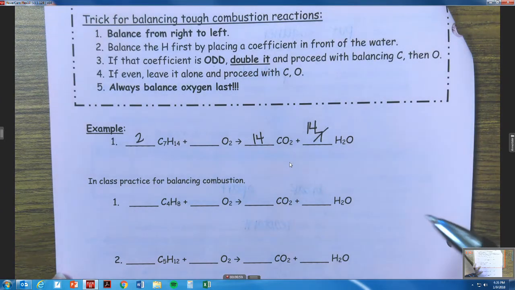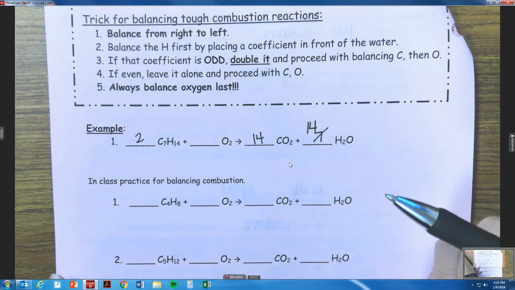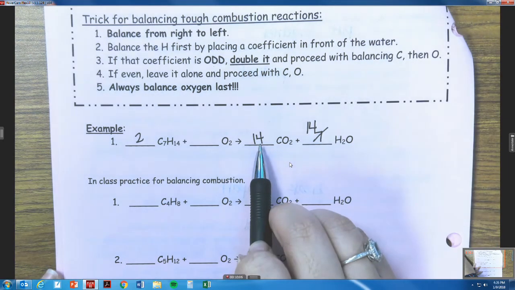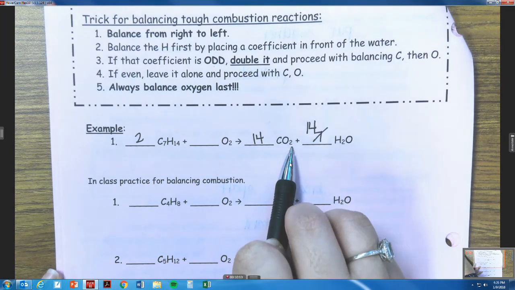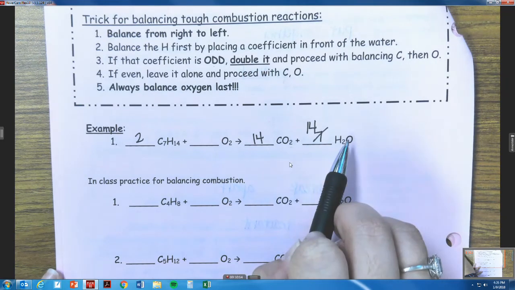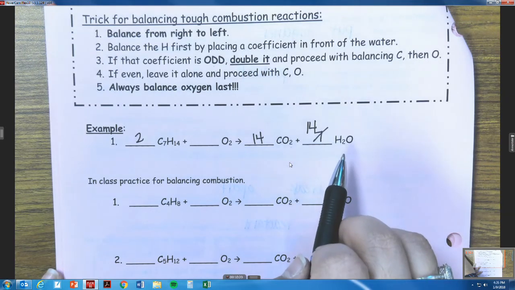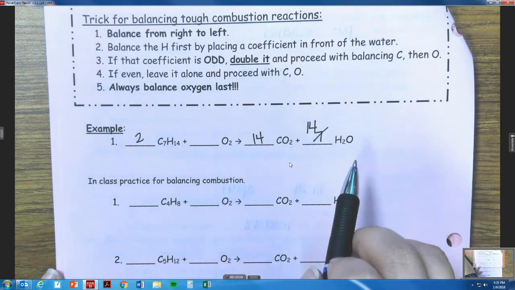Oxygen is going to be one of your bigger numbers, and it's also going to be the one that requires the most math. So 14 times 2 oxygens is 28. Plus another 2 oxygens is 32. So what times, I'm sorry, I am bad at math.